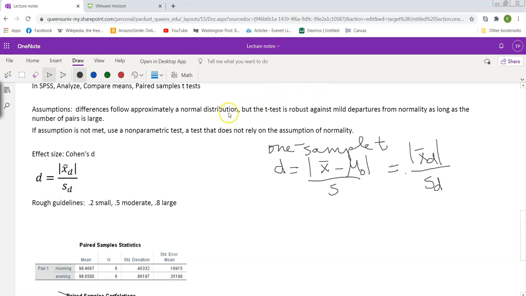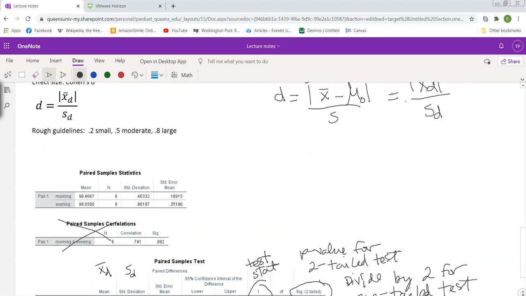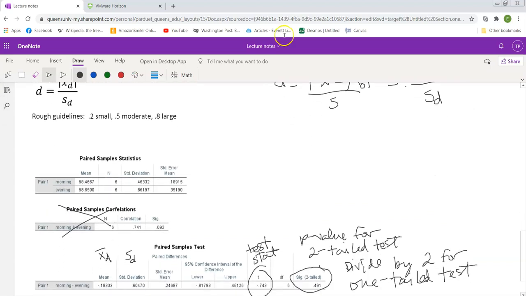So for our example here, we've got our standard deviation, our mean, do the absolute value of negative 0.1833, and then we're going to divide that by the standard deviation of the differences, so 0.6047.